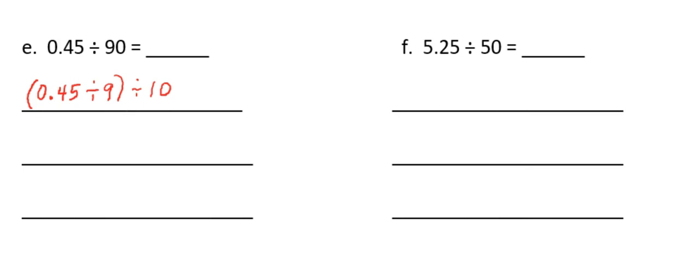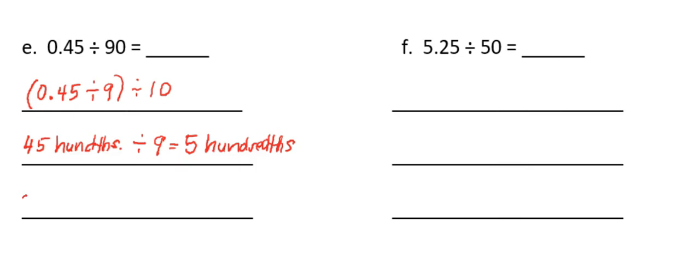So 45/100 written in decimal word form would be 45/100, and I'm going to just abbreviate hundredths to save space here, and I'll divide that by 9. So if I have 45 and I divide it into 9 equal groups, that gives me 5 in each group, and we're working with hundredths. So 45/100 divided by 9 is 5/100.